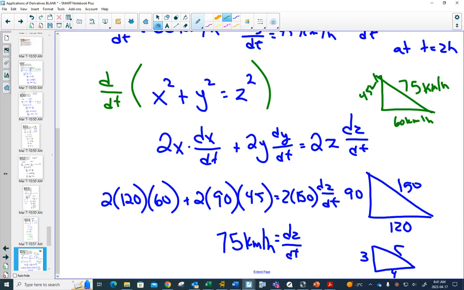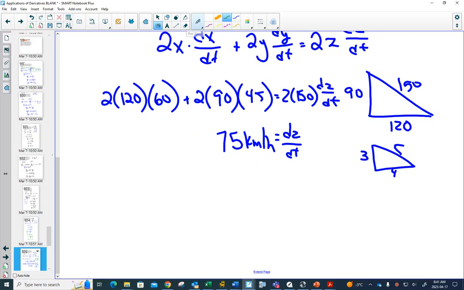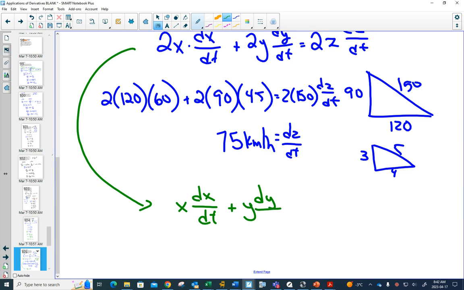What's also possible, which I think is kind of neat, is if you take this equation, and first of all, if we divide everything by 2, you would just get x dx/dt plus y dy/dt equals z dz/dt.